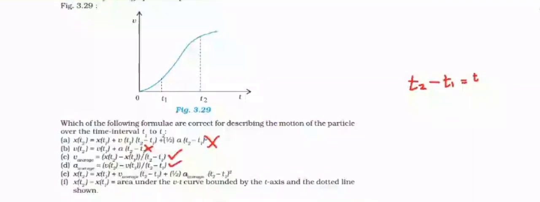If acceleration is constant, then we cannot apply in this case. So this is not possible. Next, part F, x(t2) minus x(t1), final position minus initial position, means displacement, equal to area under the v-t graph. That is correct for all the cases. So that statement is correct.